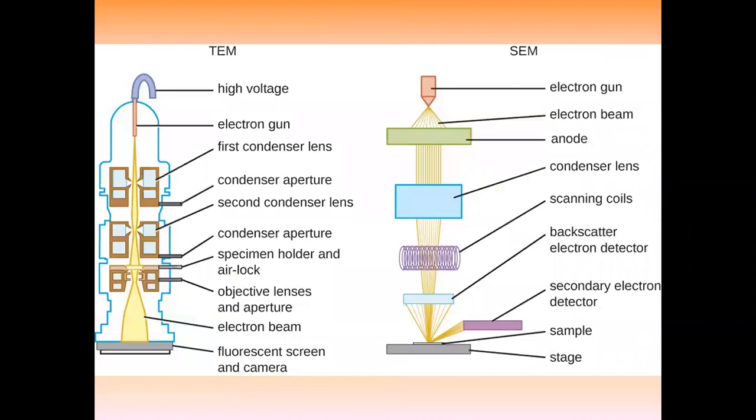So this is the difference between the SEM and TEM. In the TEM you have the same high voltage through the electron gun, but here the sample is kept in a moving stage.